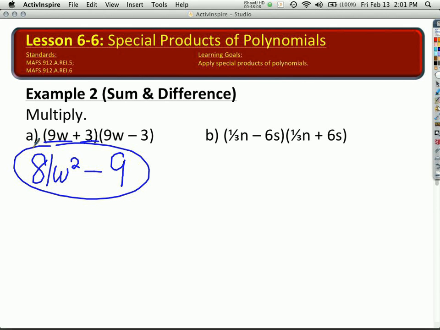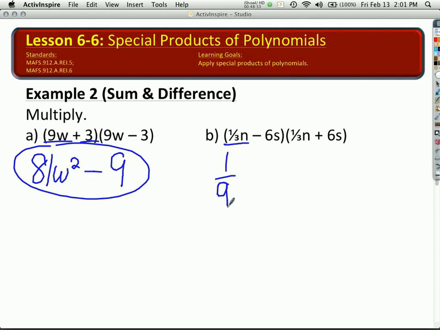Okay, let's go to part B. So, square the first term. Ooh. What's it going to be? Yasmin? N squared.